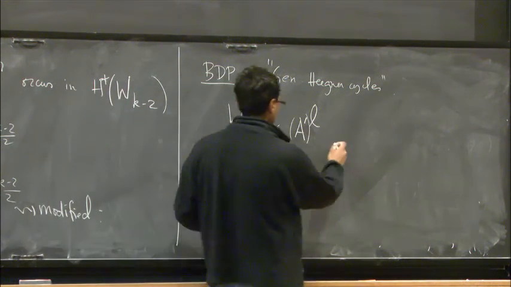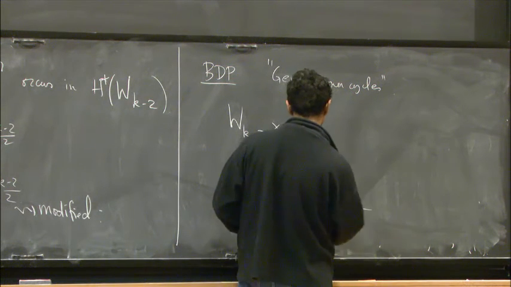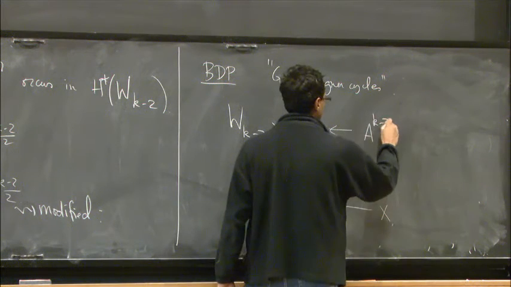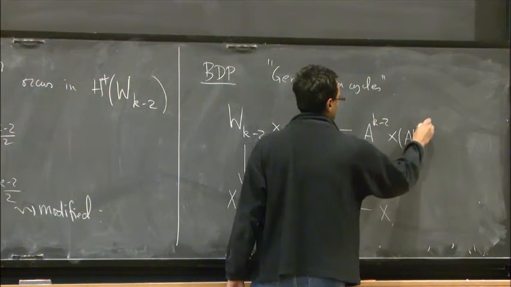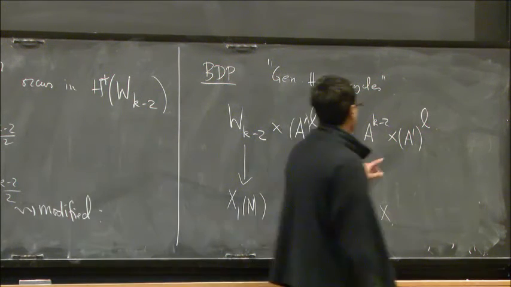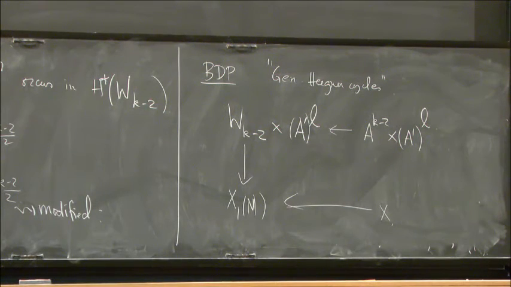OK, but now if you look at the fiber over a Heegner point, it's going to look like A to the k minus 2 cross A prime to the L, where A prime and A are isogenous elliptic curves. So you can pick some isogeny from A prime to A. It doesn't matter.